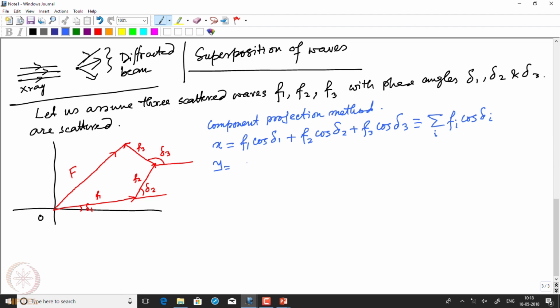Similarly, y can be represented as the sum over i of Fi sin delta i.